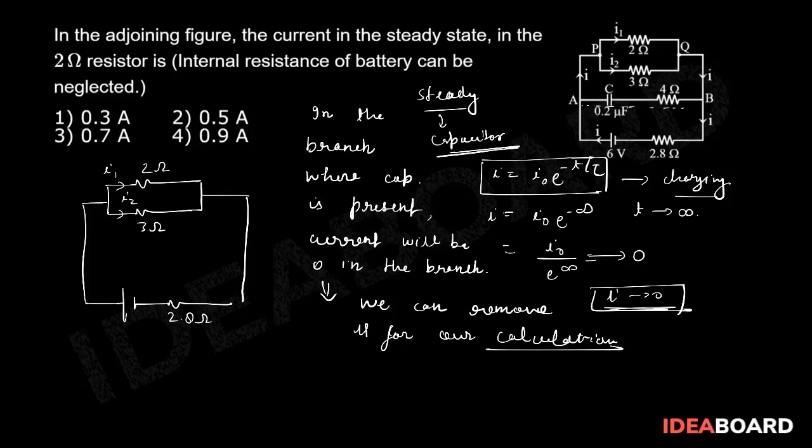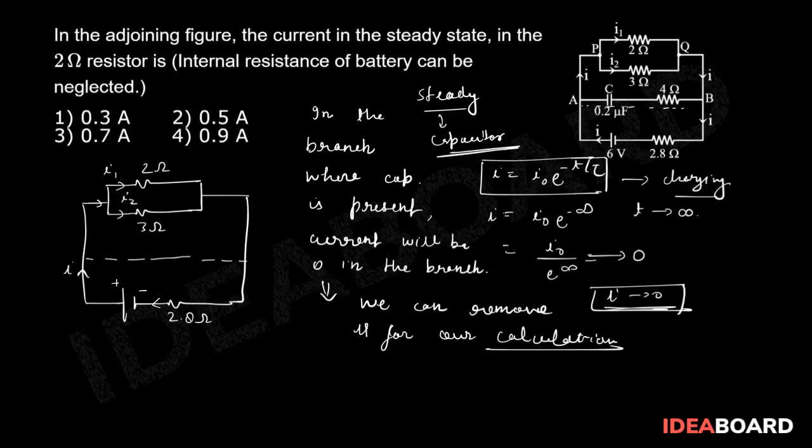So we actually removed this branch, right? This was the logic of this question. Now the question is pretty simple, that there is a current which is going through this circuit, and it is finally coming back to this point.